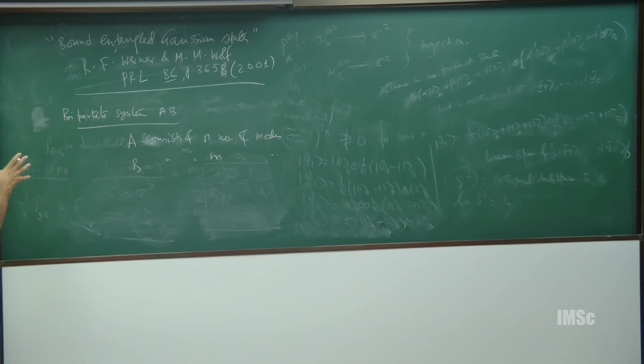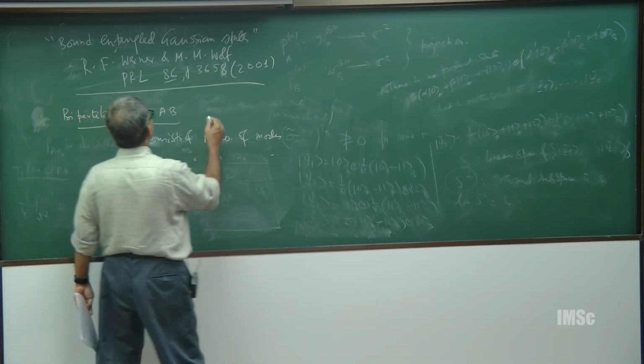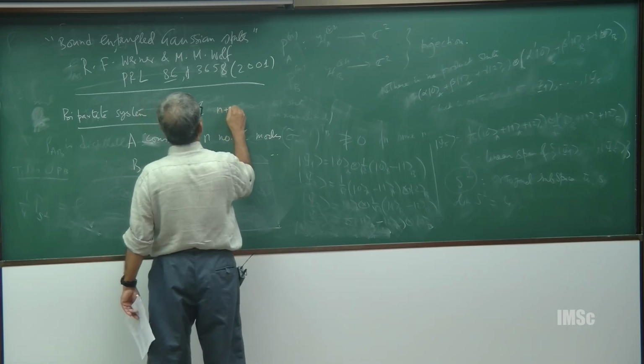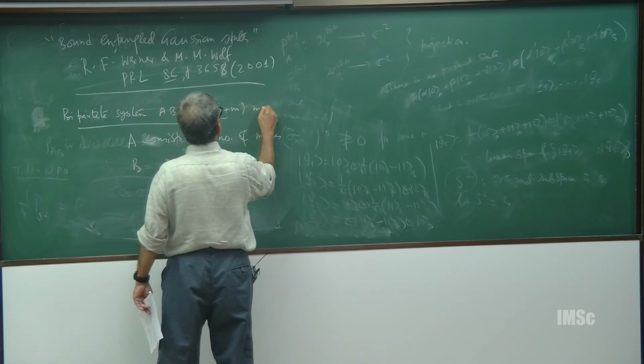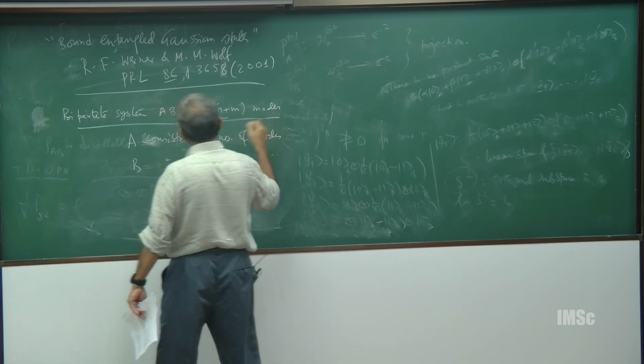Okay. So, A has n modes and B has m modes. So, we are considering a bipartite system AB of n plus m modes. This is what we are considering.